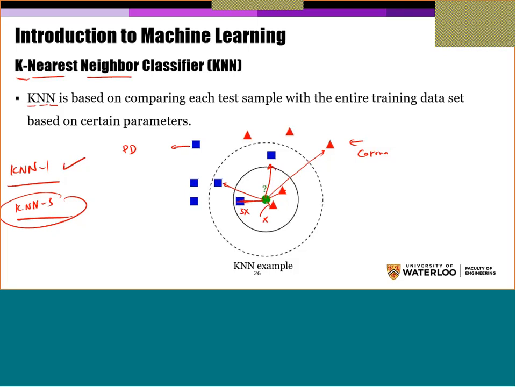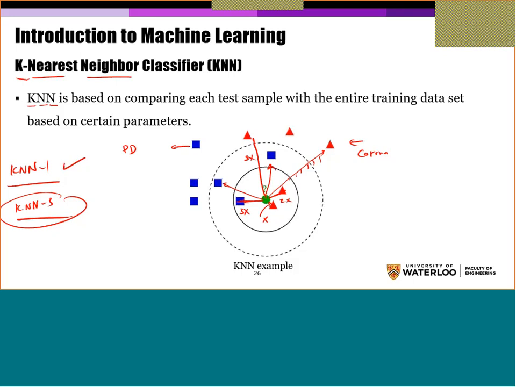In KNN3, I will take the distance between the new data point and the three closest points to it, which is this one, and maybe this one, or maybe this one is closest actually. Maybe this is x, 2x, and this is 5x, so a total of 8x.